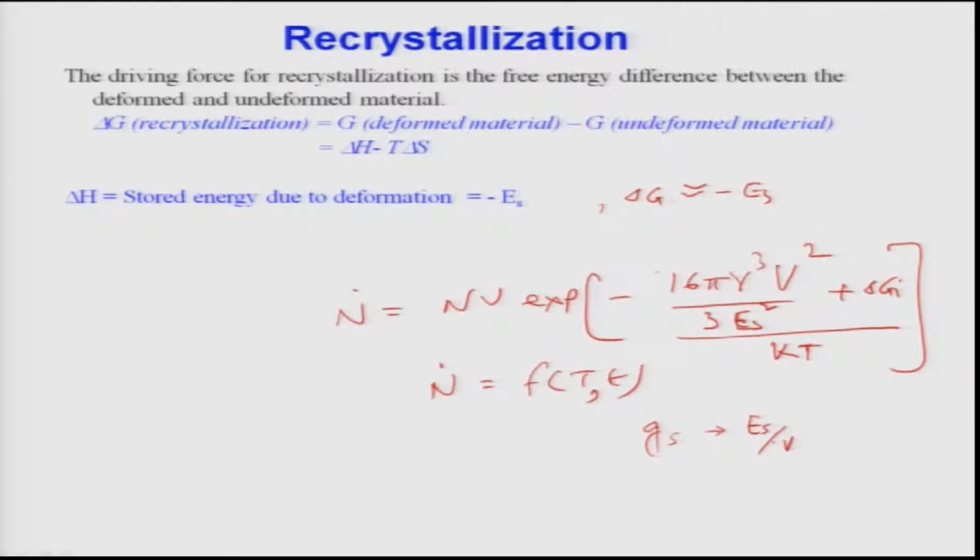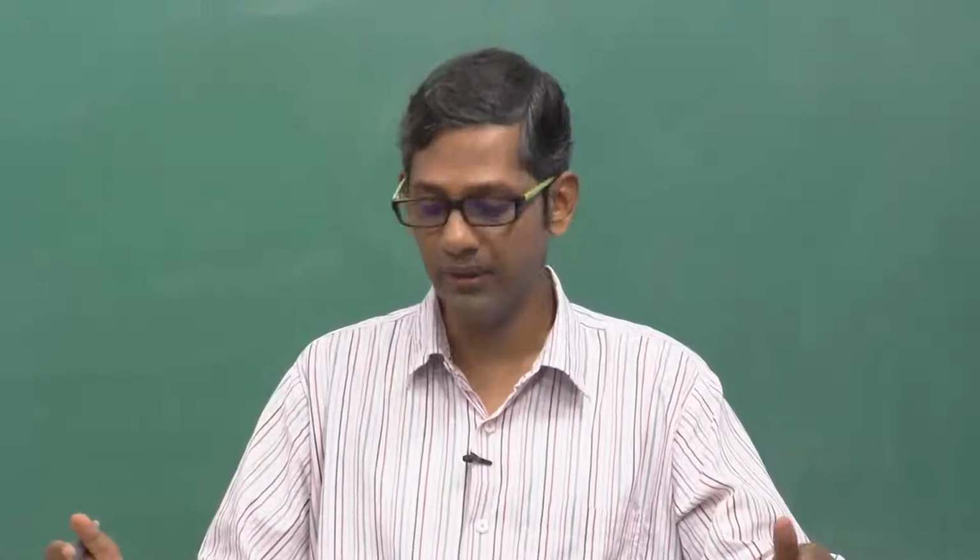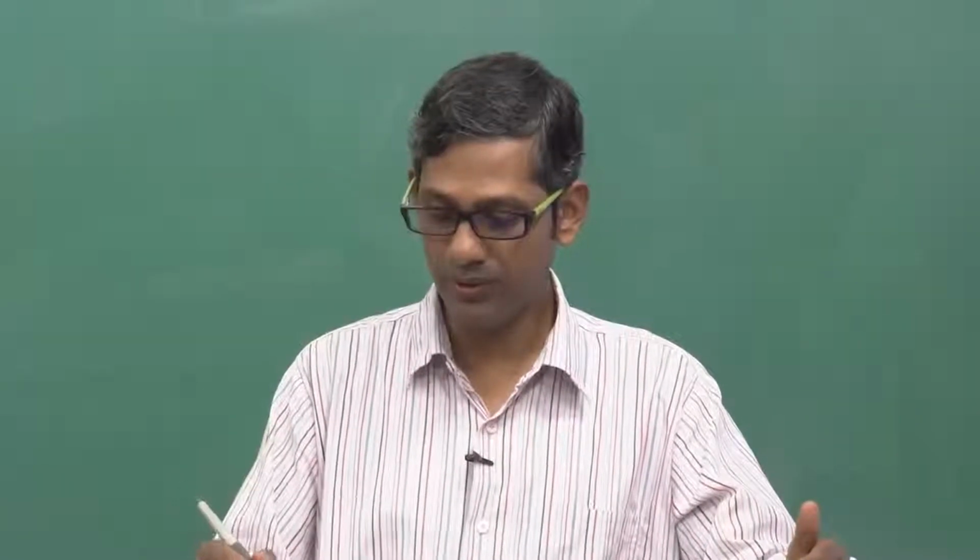Yes, that is what we have been discussing. This is the activation energy for grain boundary diffusion. So, grain boundaries which are moving because of the difference in dislocations on both sides of the grain boundaries, that is what comes into the picture.